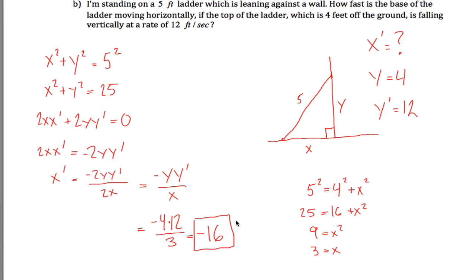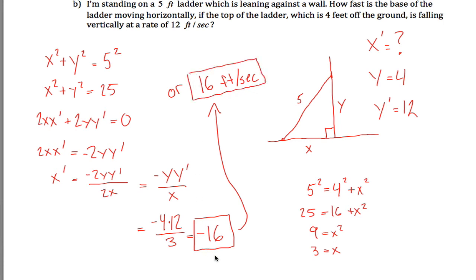What I'm getting at is when you get this answer, I think negative 16 is totally fine. But I'm also going to put 16 feet per second. Any of these answers are perfectly fine.